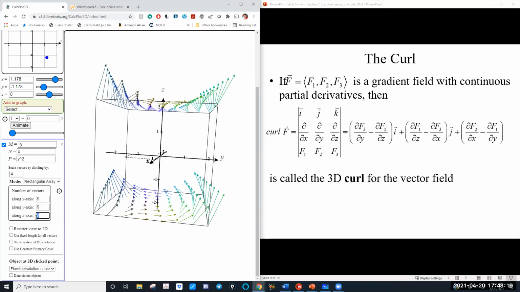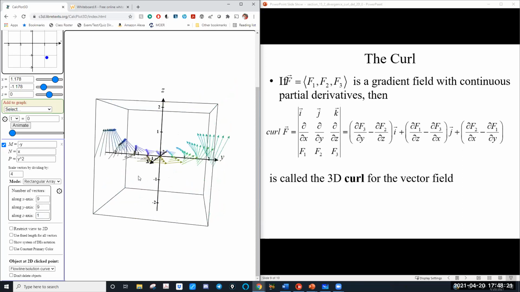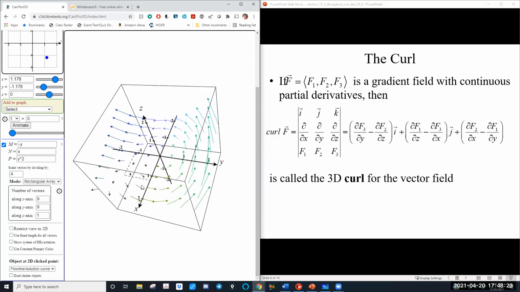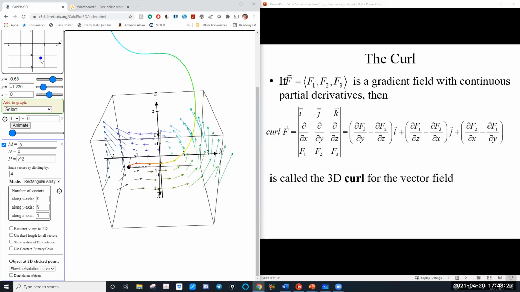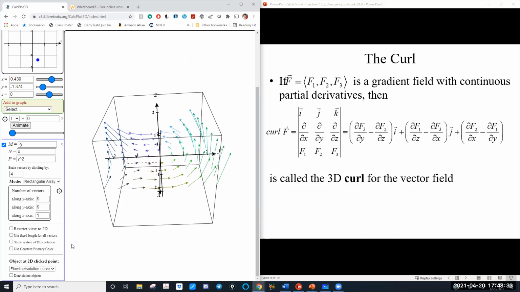Now, let's go back to what we had. There's one thing I want you to see though. So there's our path. You can do divergence. You want to switch over to divergence, move the point around again.